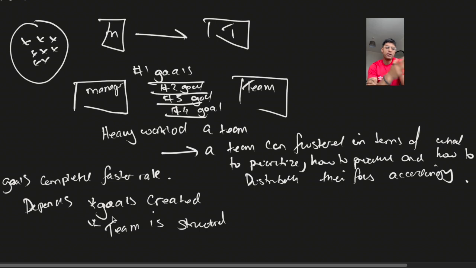It depends on whether they're prioritized, and whether they are highlighted in terms of how to be completed, when to be completed, what skills are required, and so on. And how the team is structured. Is a team divided into, for example, programmers, product managers, and so on? Are they divided into a cross-functional department or not? So it really depends on these two factors.